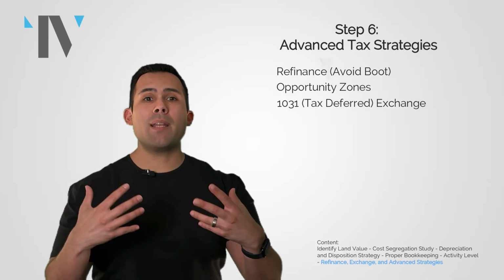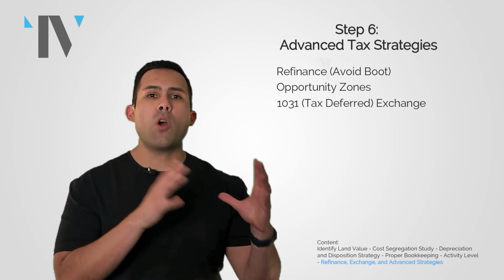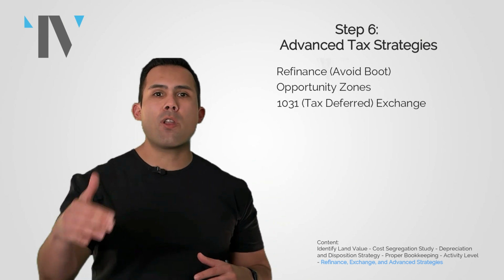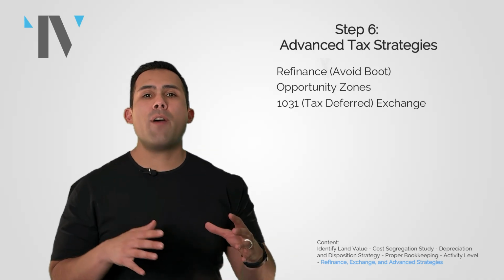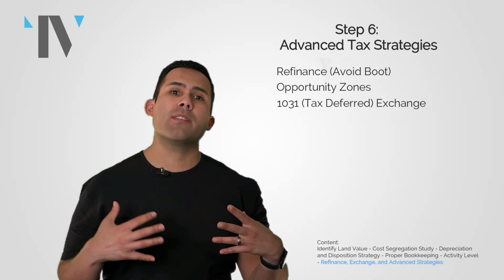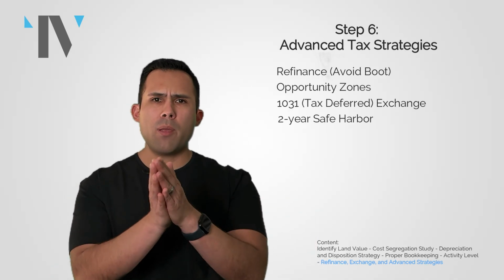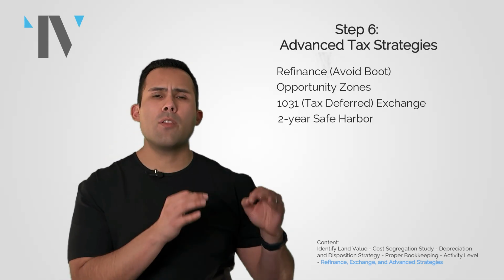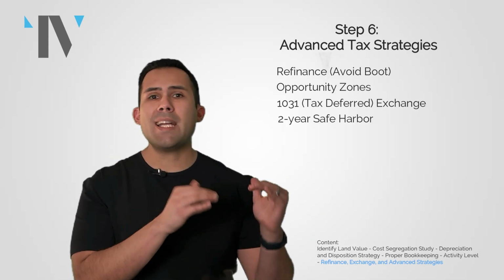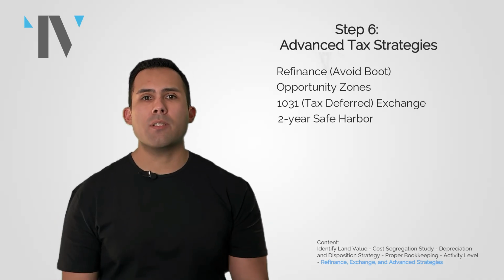In fact, any money coming out of the relinquished property could be construed as boot, so don't refinance a property right before you're going to sell it. Refinancing the replacement property after the purchase is generally safe. To be safe, use the 2-year safe harbor rule. The property must be held for investment use for 2 years before and 2 years after the exchange, so the IRS can't challenge your position.